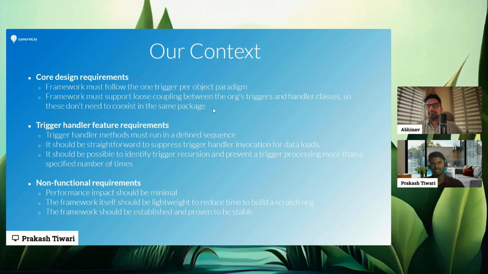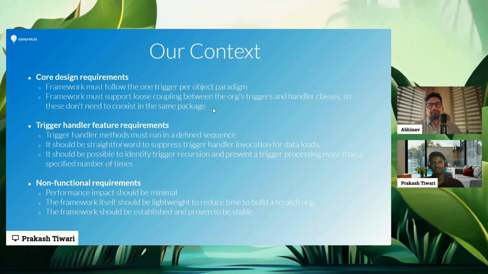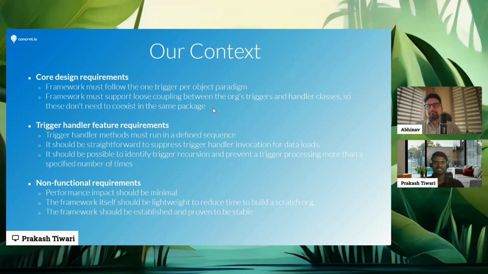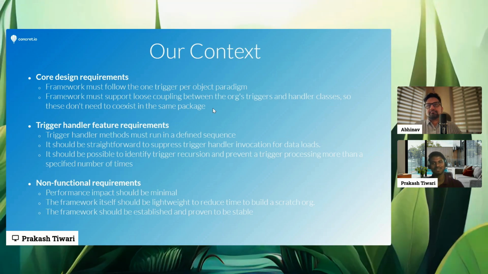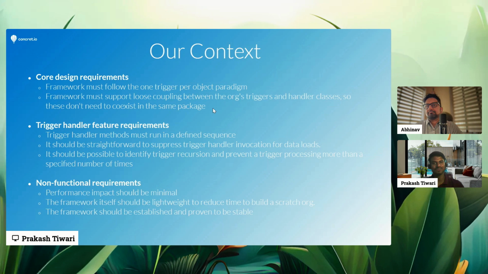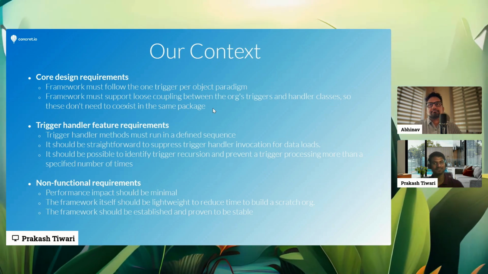The first requirement: as we all know about frameworks, we know the best practices as well, so we'll go with the core design requirement that the framework must follow the one trigger per object paradigm.